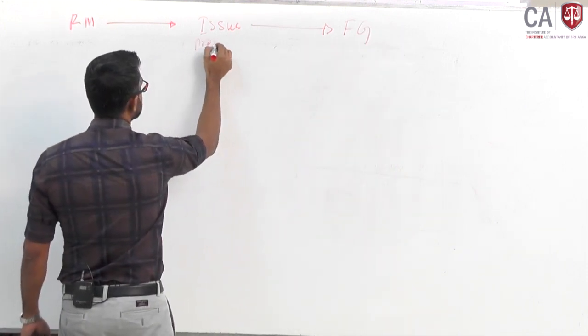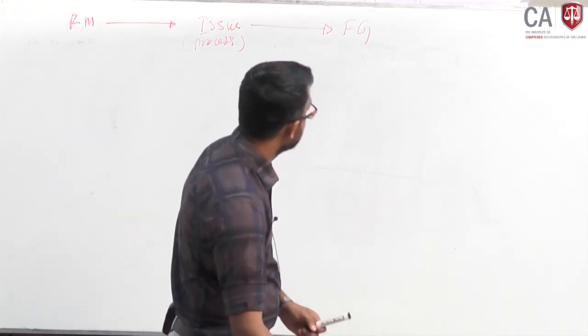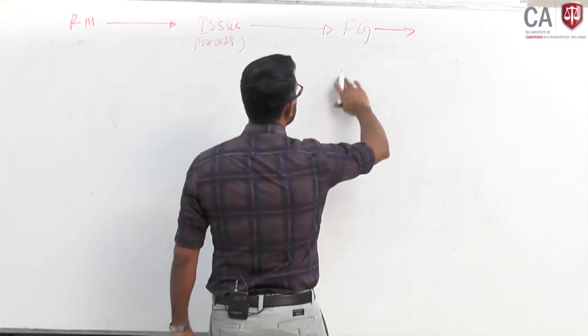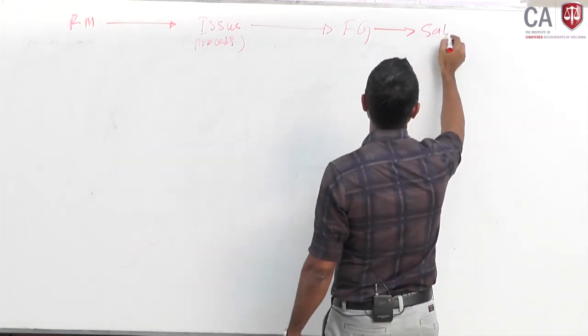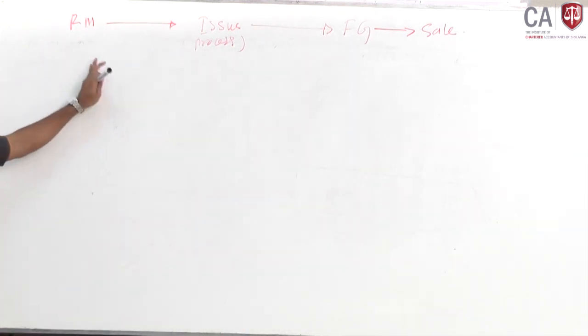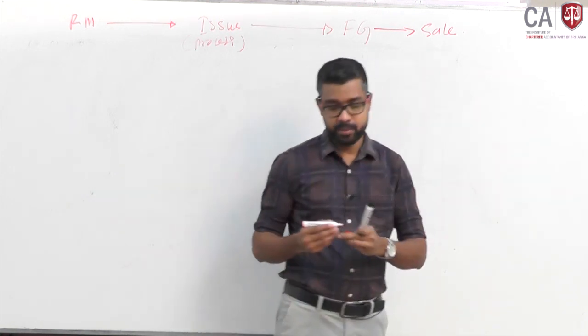Here you will process raw material, then finished goods will be generated and finished goods you will sell. Make a process, this is how you view the integrated process. Raw material issued, finished goods made, put into sale.